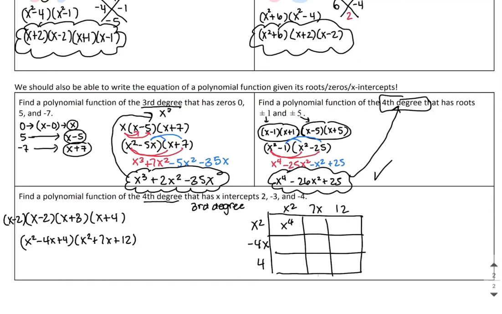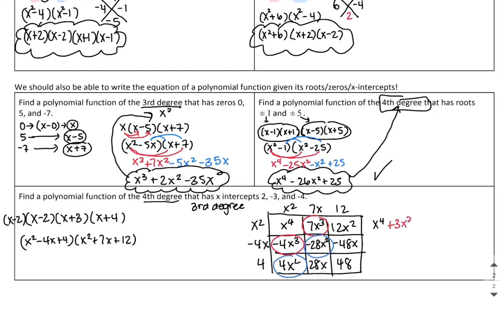This is going to be x to the fourth power, 7x cubed, 12x squared. This is negative 4x cubed, negative 28x squared, negative 48x. I have 4x squared, 28x, and 48. And then I add all of these things together. Starting with my highest power, I have x to the fourth power. The next thing I have is my x cubes, which is going to give me 3x cubed when I combine them.